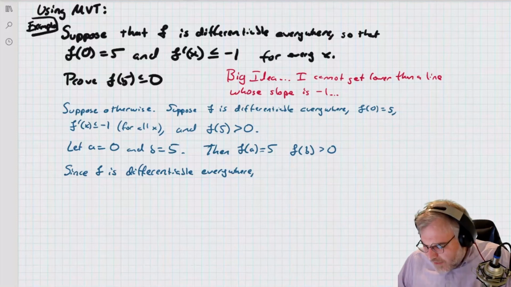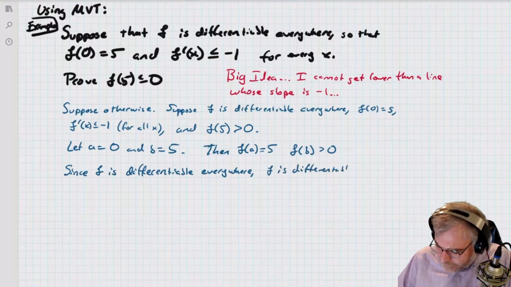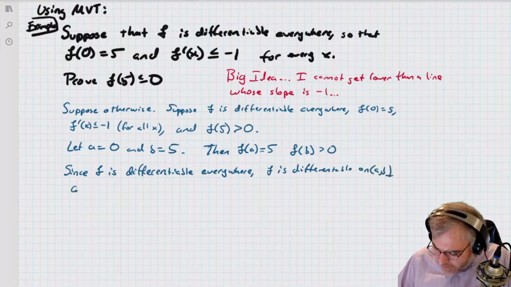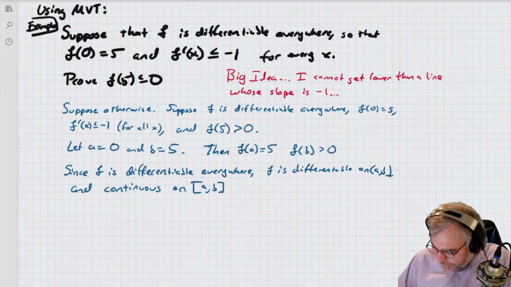Now, since f is differentiable everywhere, f is continuous on [a, b]. And bear in mind right now that this is 0 and 5.